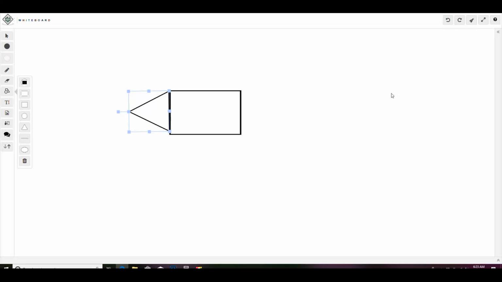So probably it'd be better if I just used straight lines. You're going to come off of here, and then you're going to use another straight line. Yeah, so this one's going to have to be a little longer. There we go.